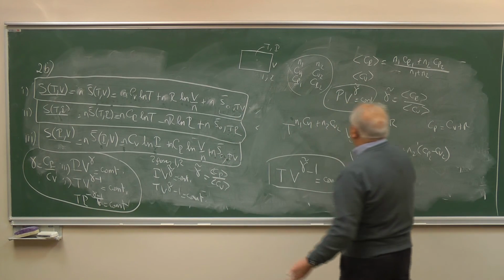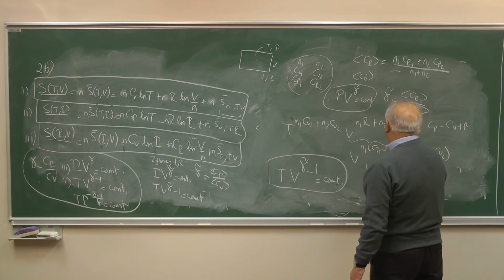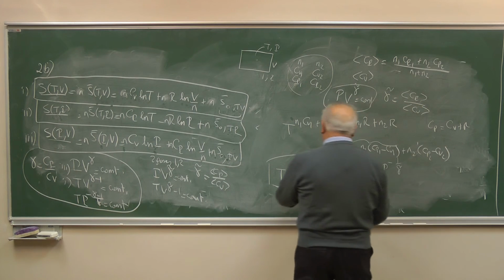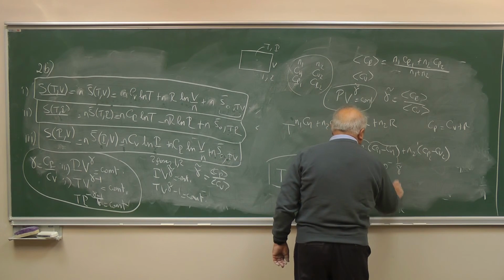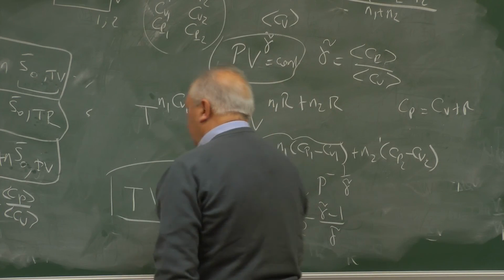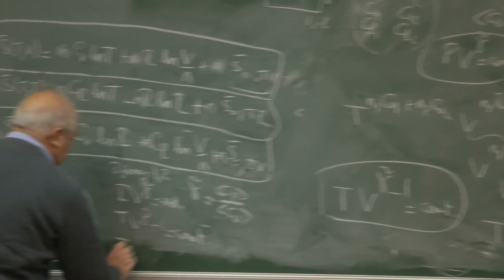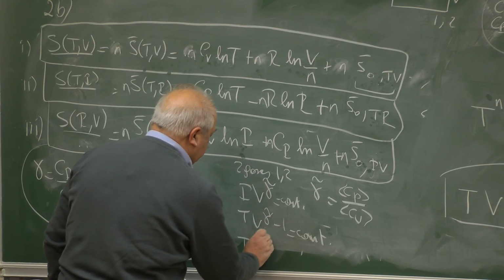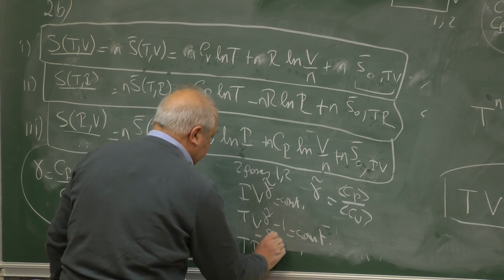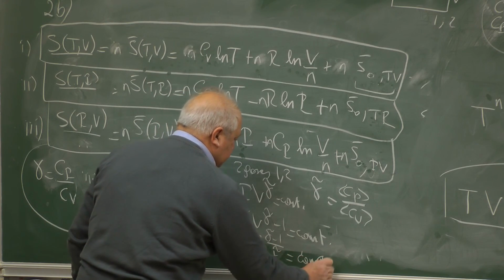Now it's very easy to get the last one because V goes as P to the power minus 1 over gamma tilde. So if you just put it in here, T P^(minus (gamma tilde minus 1) over gamma tilde) is equal to constant.